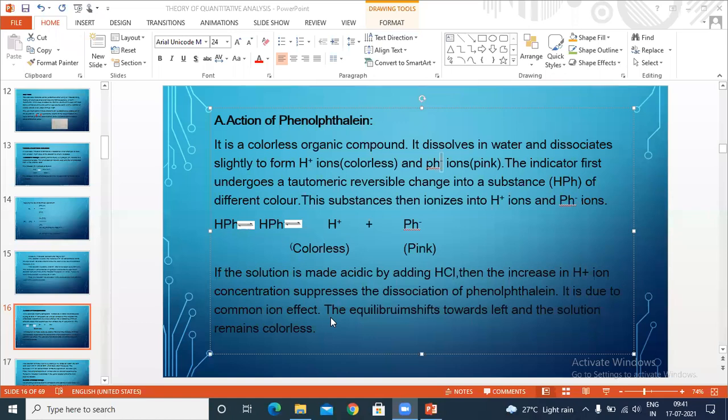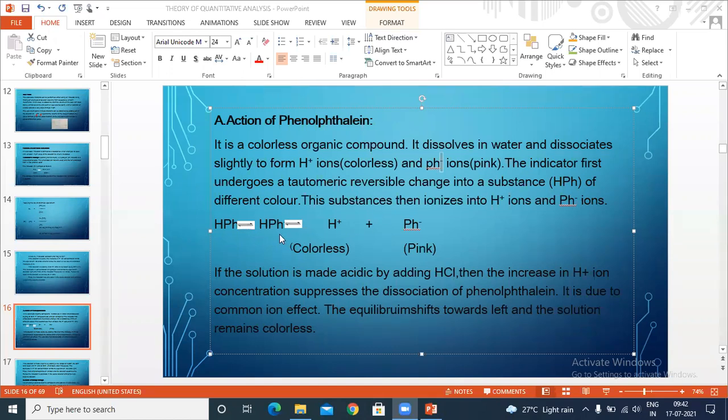So what we have to know is that phenolphthalein is also ready to undergo tautomerism simply by the transfer of H plus, that is a proton. The phenolphthalein indicator is an organic structure, and you don't need the structure, which has two benzyl rings. From one benzyl ring to another, the proton is ready to transfer.